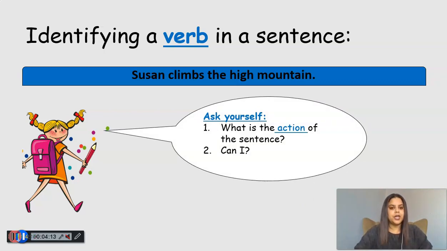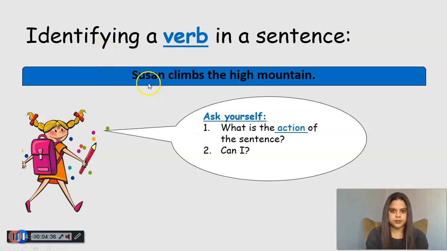Can I? We're going to look at the sentence now and we're going to see if we can identify the verb. I know some of you are already sitting there and going, I know the answer to this question. But for the purposes of those who do not, we are going to do this step by step.